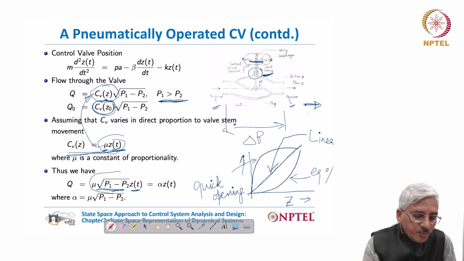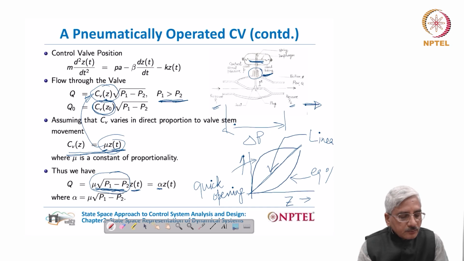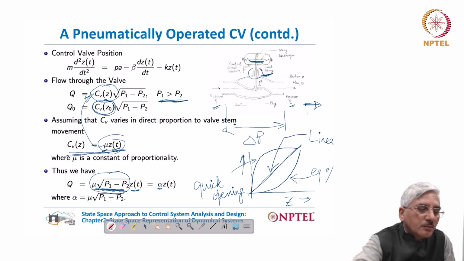So this mu root P1 minus P2, because this differential pressure across the valve is also treated as constant in this case, we have plugged into another constant of proportionality alpha. So Q is alpha into Z. This is the outflow through the valve, which comes out to be proportional to the position of the valve.